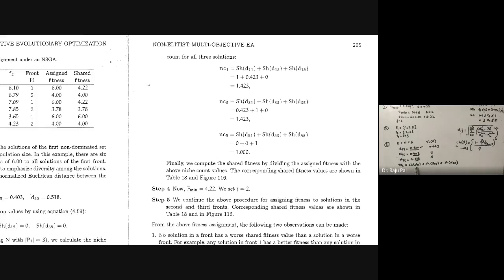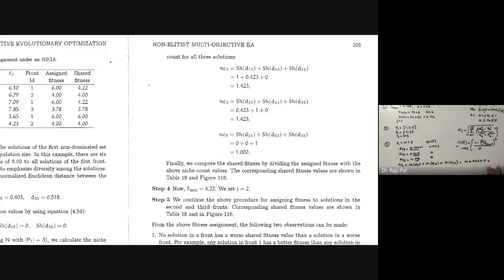The sharing function value with itself is always 1, because there is no need to share the fitness value with itself. So the value for d11 is 1, the value of d13 is 0.423, and the value of d15 is 0.